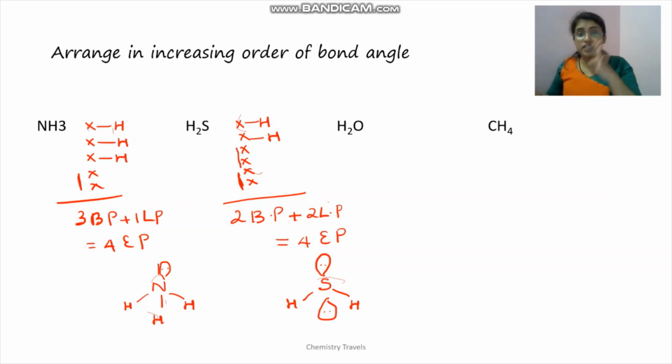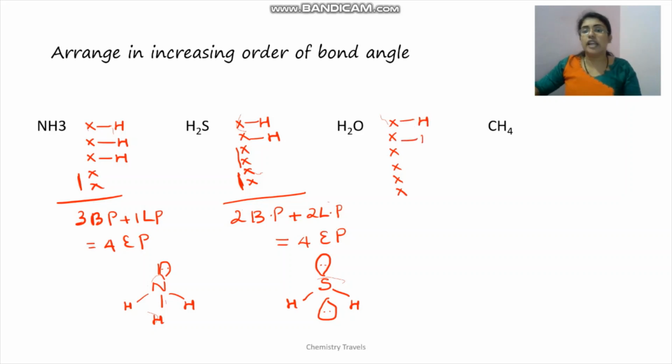Now coming to the case of H2O. Oxygen falls in the same family as sulfur, so my central atom oxygen would have 6 valence electrons.